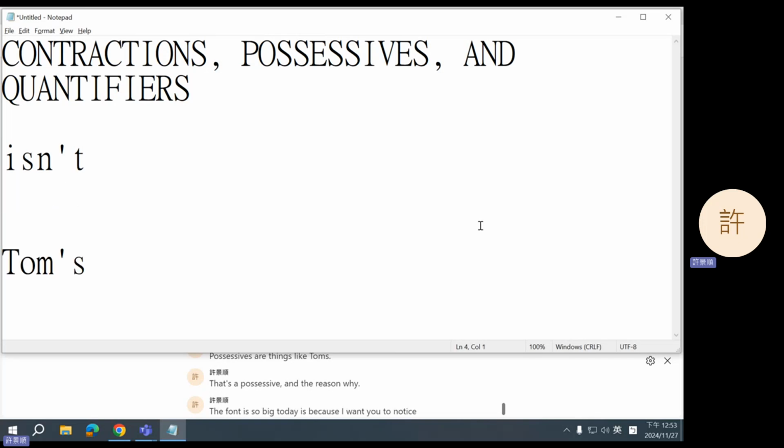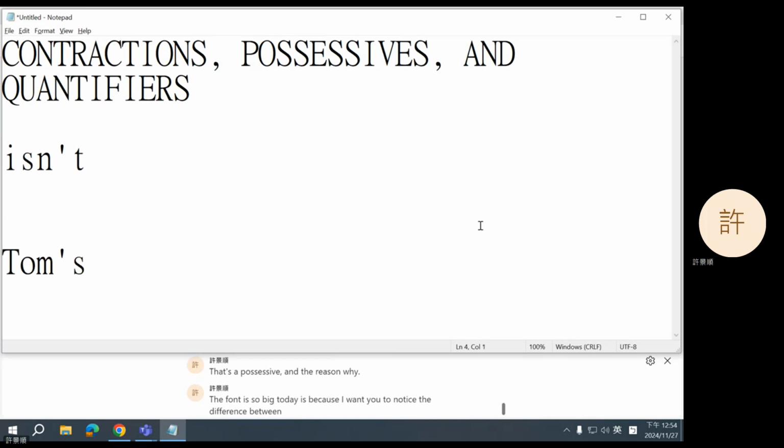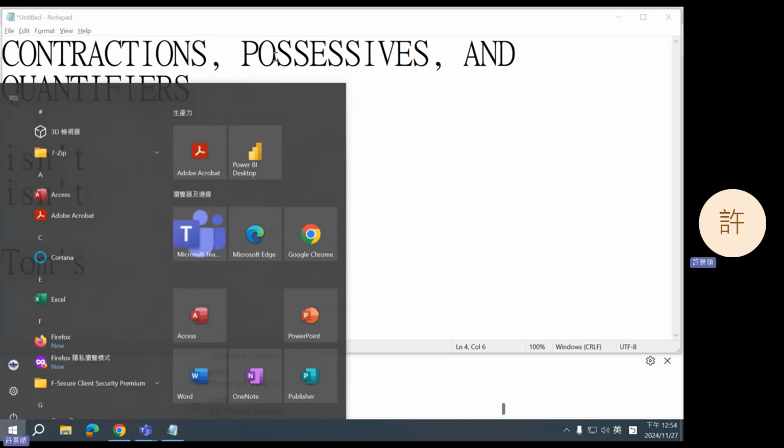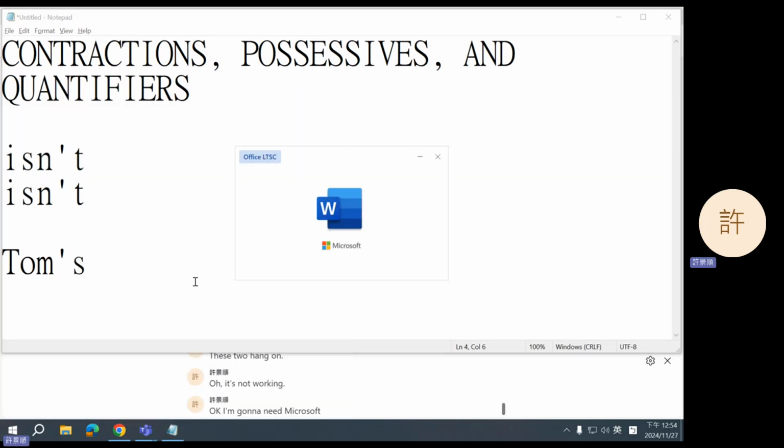And the reason why the font is so big today is because I want you to notice the difference between these two. Hang on. Ah, it's not working. Okay. I'm going to need Microsoft Word for this.